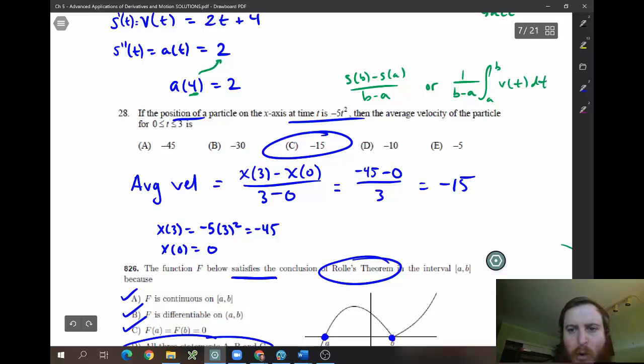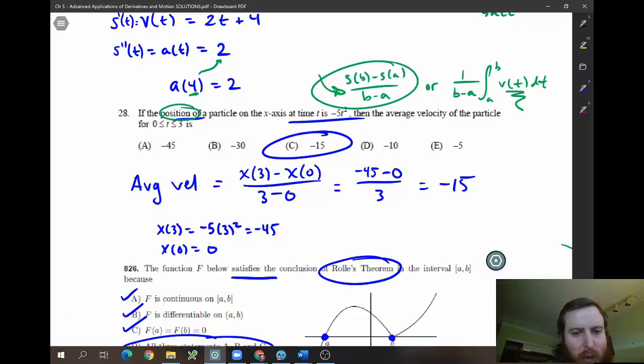But it's dependent on what we're given. If we're given velocity, we use this formula. If we're given position, we use this formula. So we're given position, so we're going to use this formula. So x of 3 minus x of 0 over 3 minus 0. We plug in x of 3, negative 5 times 3 squared is negative 45. Plug in 0 is 0. And you end up with negative 15.